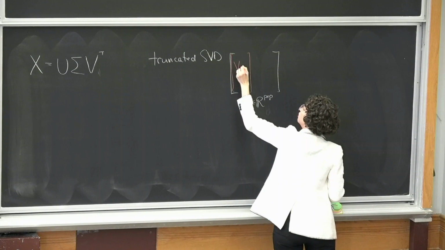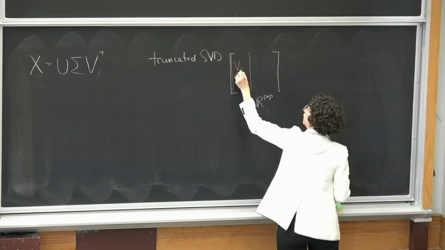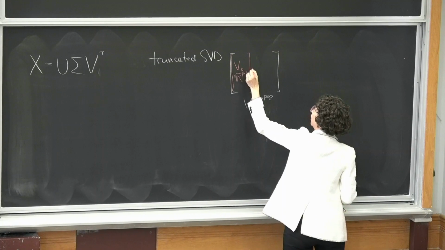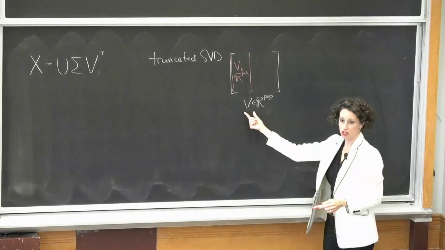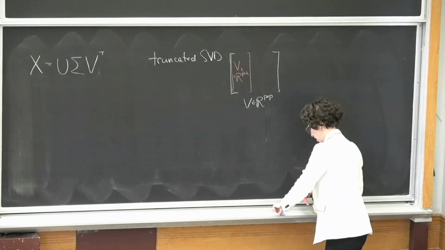This here is VK, and it is P by K. But obviously it's related to V, right?